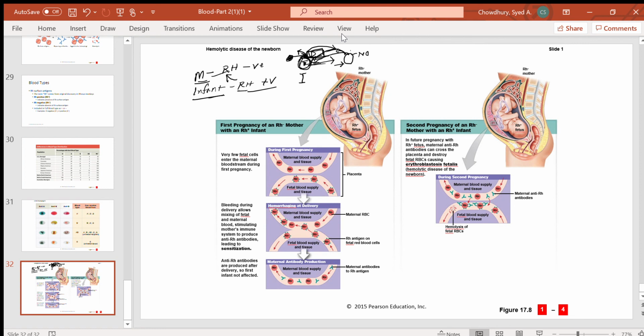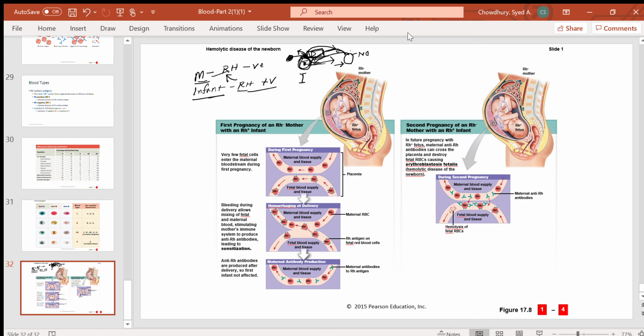So a huge number of the infant's red blood cells will be destroyed by the same type of antibody coming from the mother's blood, and that is called erythroblastosis fetalis. When the red blood cells are destroyed in the fetus's body, bone marrow will produce new red blood cells, and most of those red blood cells are immature.